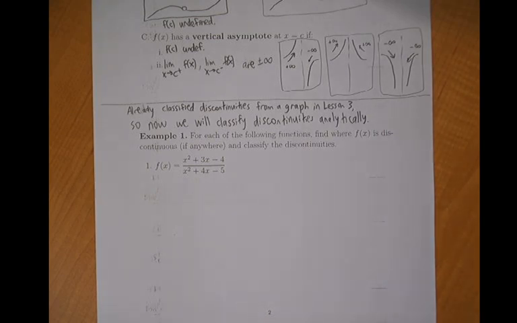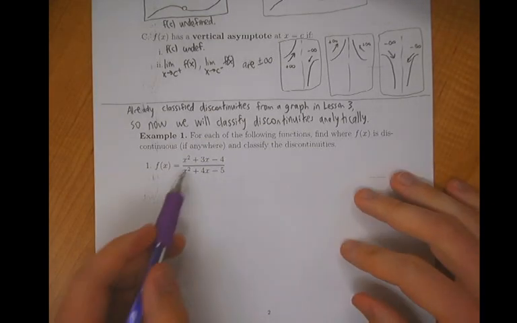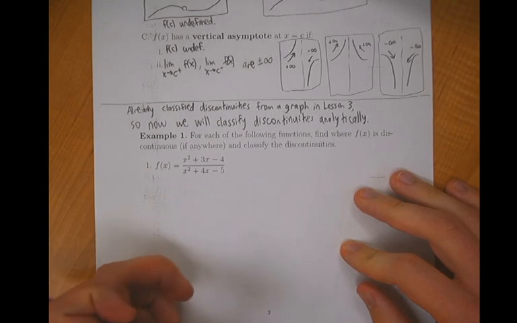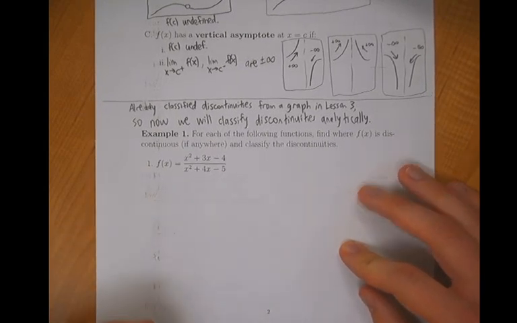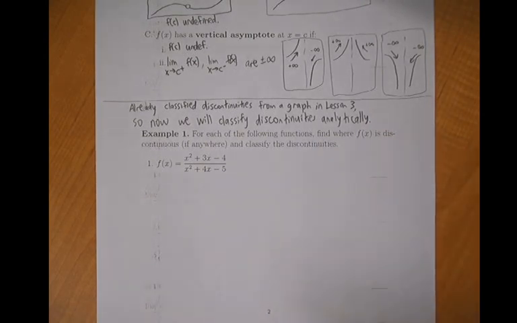In this case, the only way we can get any type of discontinuity is that we have to focus on where the function itself is undefined. So if you recall, for a rational function, when's the only time we can ever have an undefined function value? When the denominator is 0. Right, when the denominator is 0.